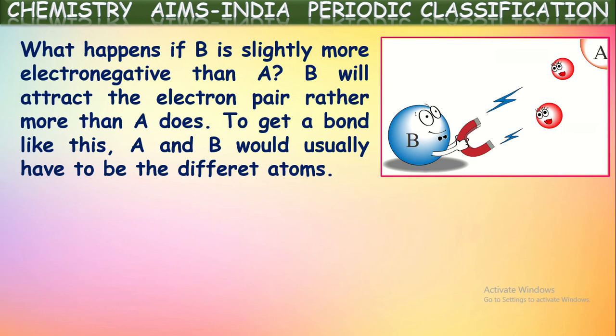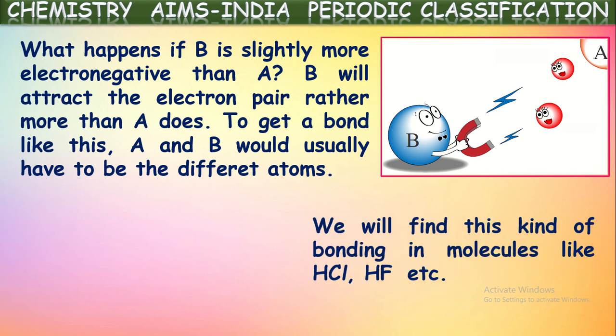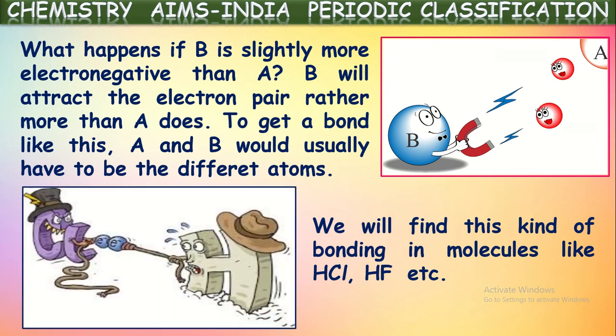To get a bond like this, generally A and B, the two atoms, usually have to be different atoms or atoms with different electronegativities. Then the atom with the greater electronegativity pulls the electron pair towards it, and the atom with the lower electronegativity loses the electron pair towards the other element. For example, we find this kind of bonding in molecules like hydrogen chloride and hydrogen fluoride, where one atom is more electronegative than the other.